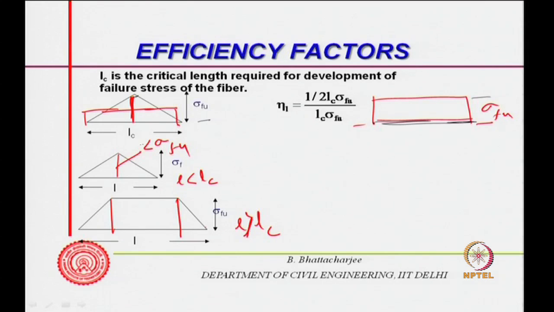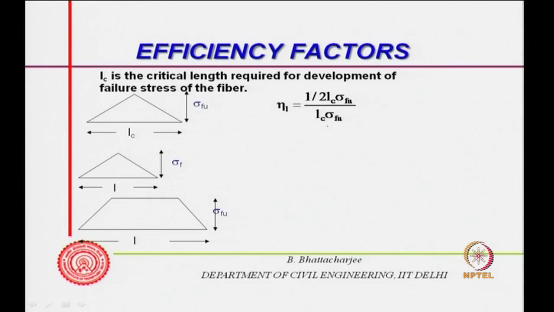Half sigma fu into LC, divided by LC, is the average stress. This divided by sigma fu, which would have been there throughout, gives me the length efficiency factor. So, that is what I have done.